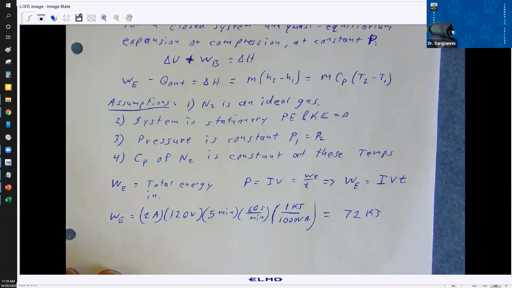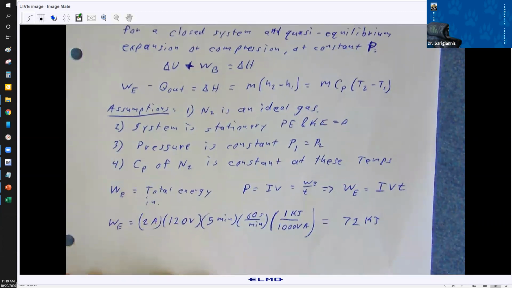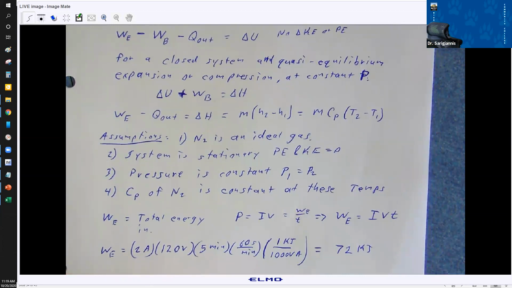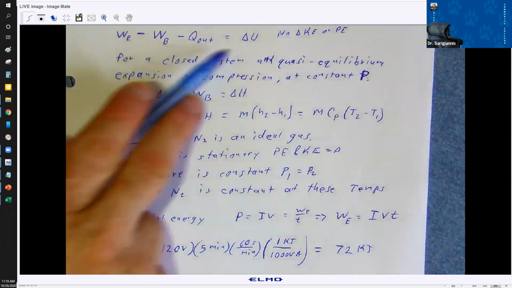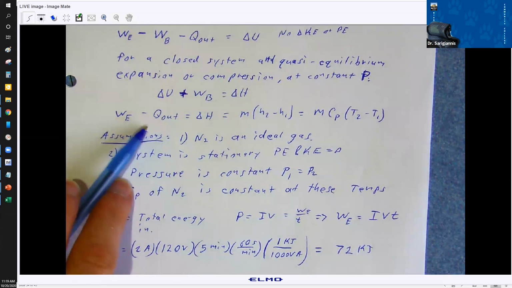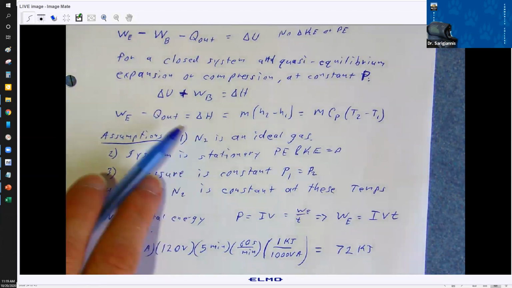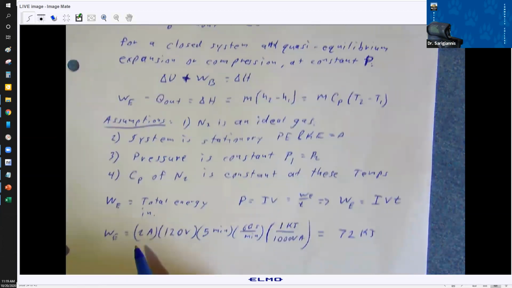So what do we have now? We have the work in minus the boundary work out. Oh, sorry, boundary work we lumped over here. We've got to look at this equation: work in minus heat out. So work in is 72 kilojoules, Q out is 2.8 kilojoules.